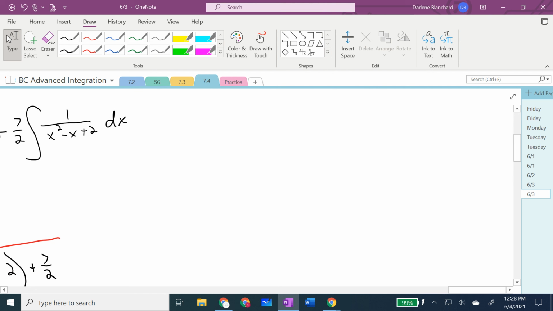Complete the square. So I have x squared minus x and a plus 2. I need to add a number and compensate by subtracting that same number so that this will factor into a binomial square.